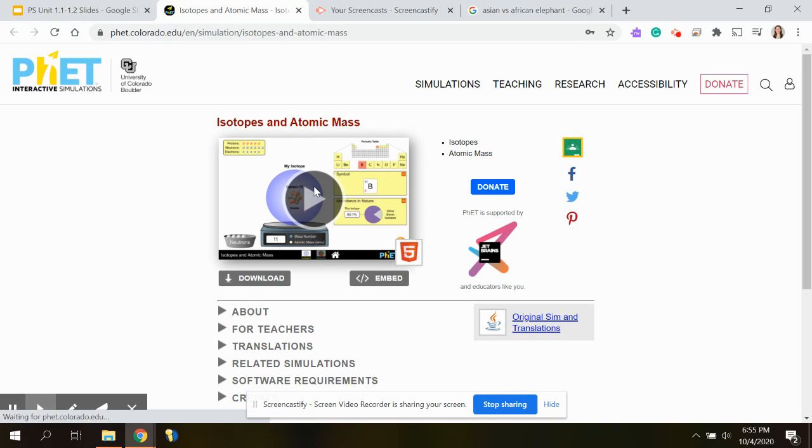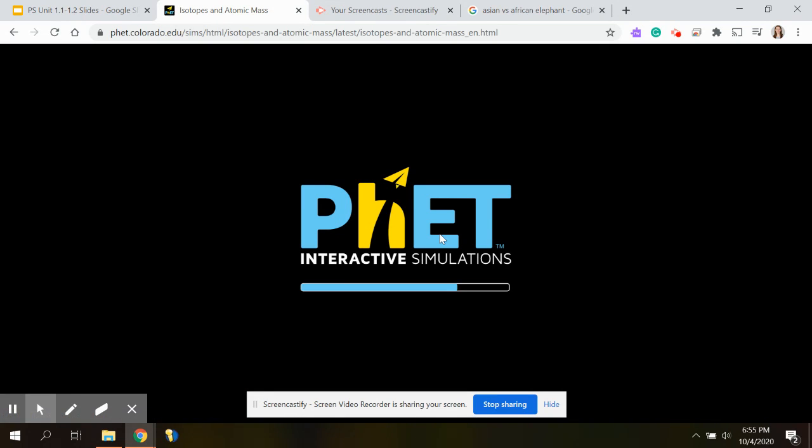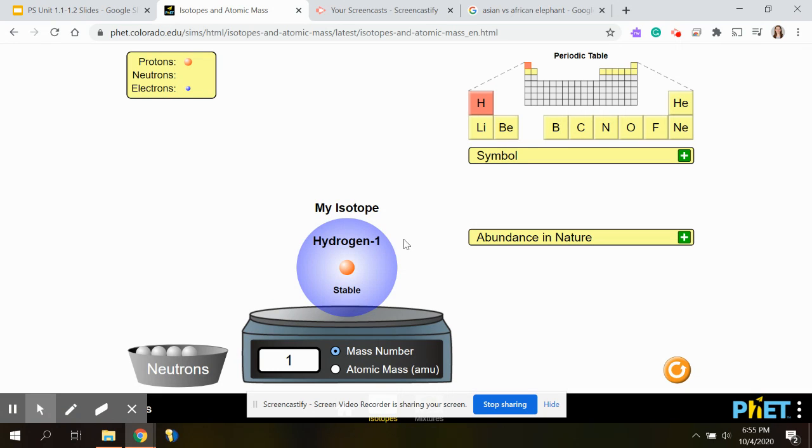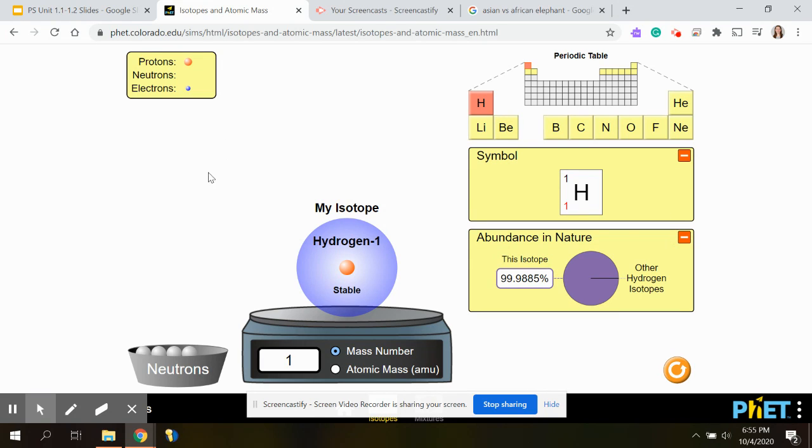All right, so we're going to observe a couple differences real quick between isotopes. In this virtual lab that we all did together, we saw a couple of different things.